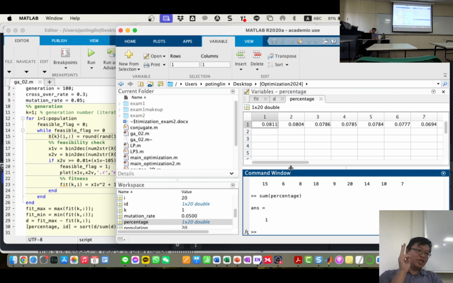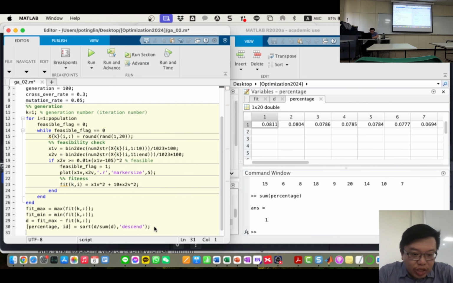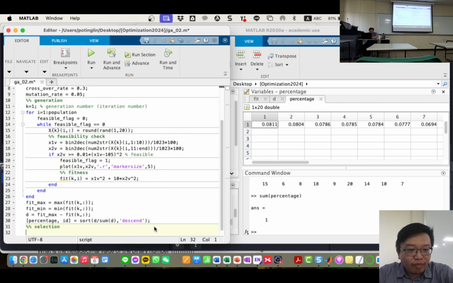So I'm going to randomly generate a number from 0 to 1, and that will decide which chromosome is chosen. So let me see what is the best way to do that. Okay. So here I'm going to do this selection process.